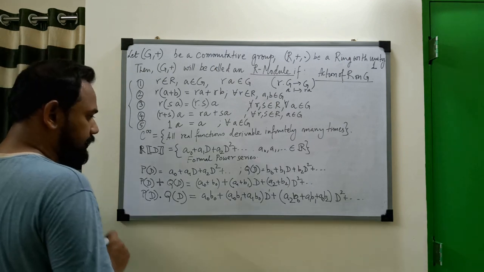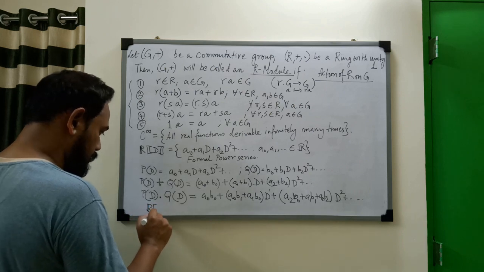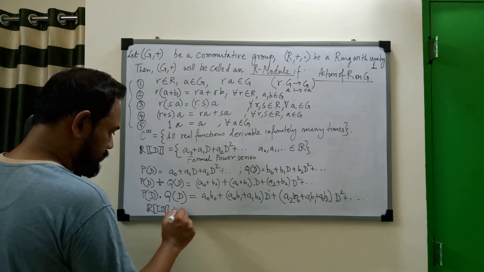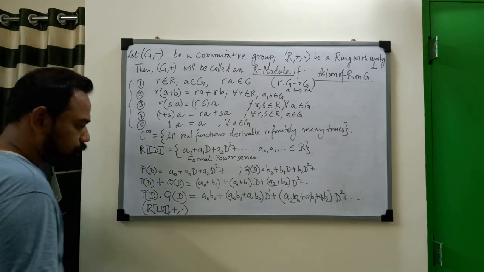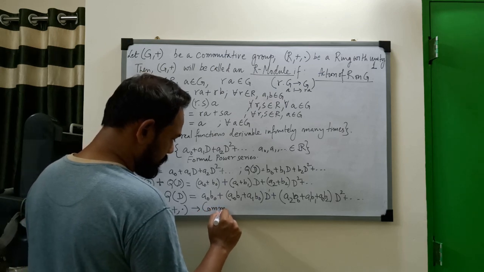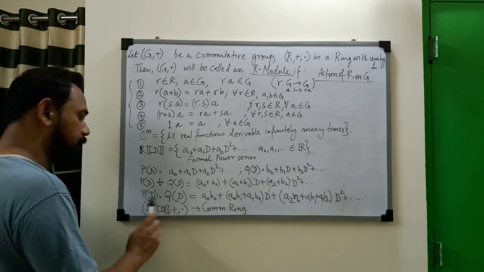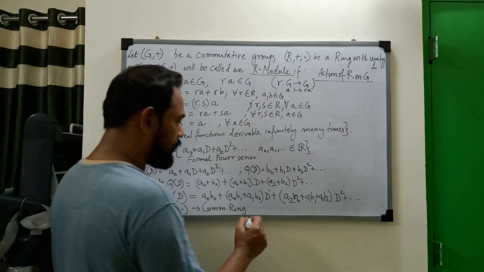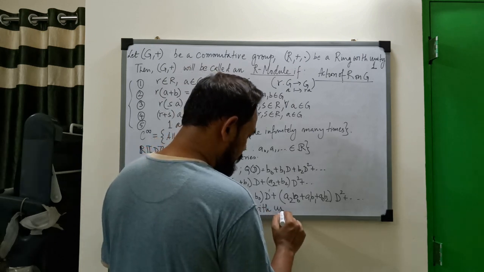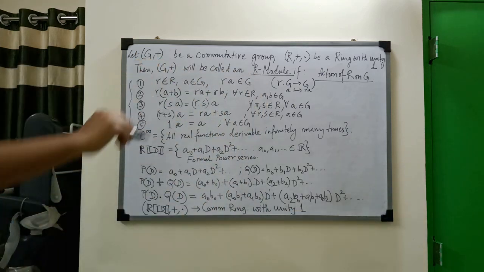And this is a request to the viewers: you will have to check that this will be a commutative ring. Commutative means this multiplication will commute, okay, with unity, which I will write 1.